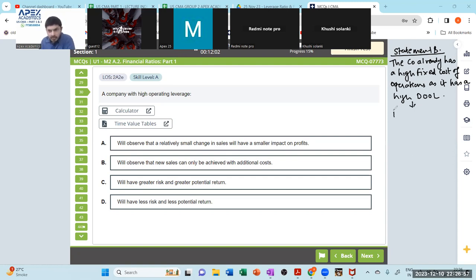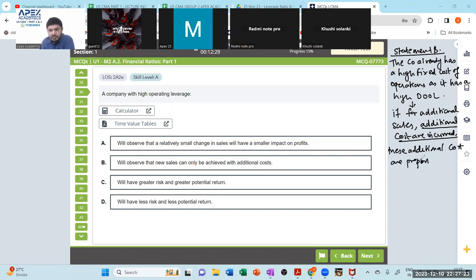Now, if for additional sales, additional costs are incurred, these additional costs are proportionate to sales, that is, they are variable costs. Please digest this statement.